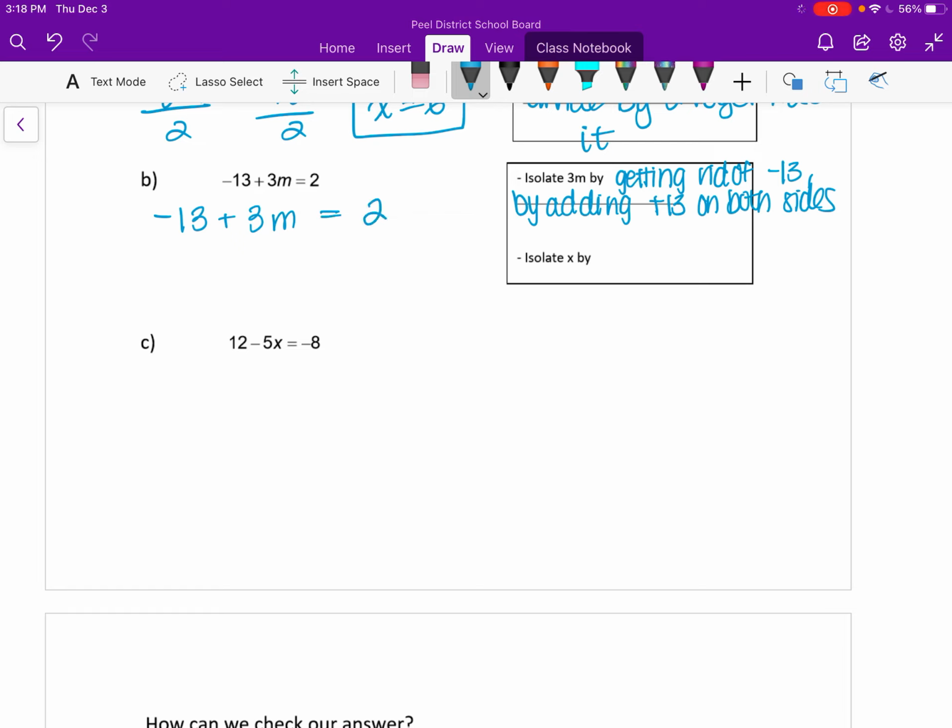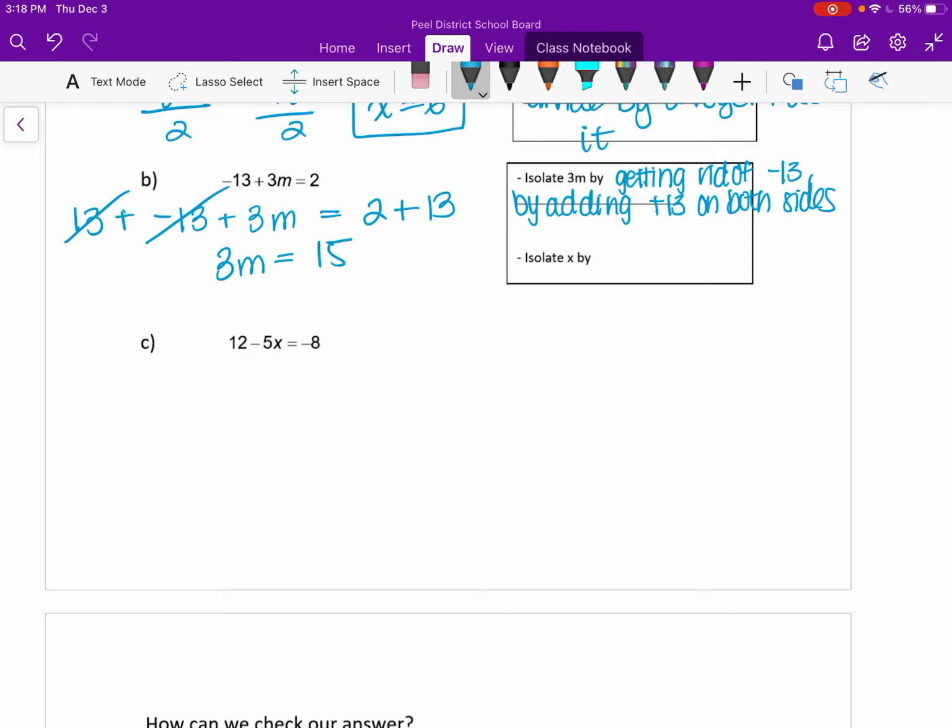So I'm going to add positive 13 here. Right, positive 13 minus 13 is going to give me 0, 3m. And I'm going to add 13 here. So 2 plus 13 is equal to 15.